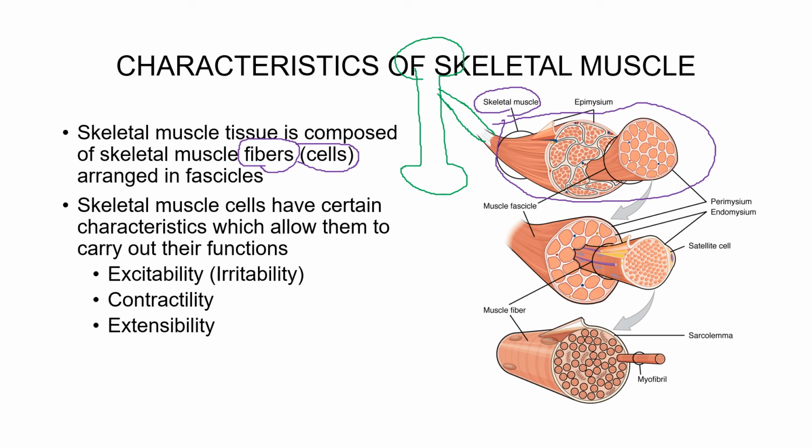So, surrounding the muscle, and what I'm going to do is I'm going to highlight it in black. Surrounding the actual muscle itself is a protective coating, once again, of collagen fibers, and what that's called is the epimysium. And you can see the spelling right here.